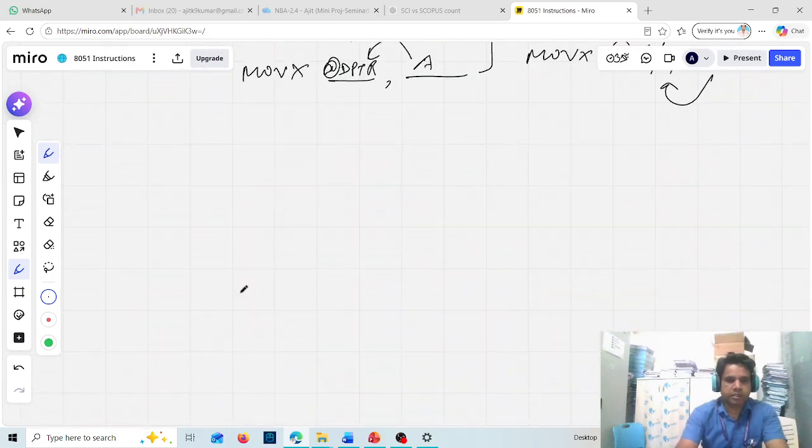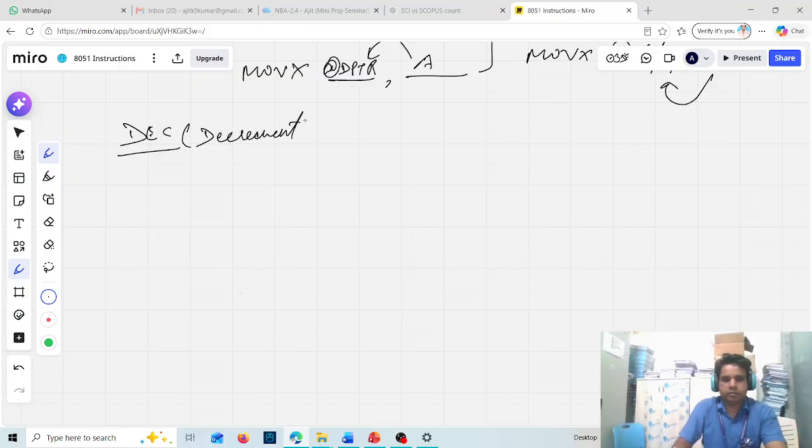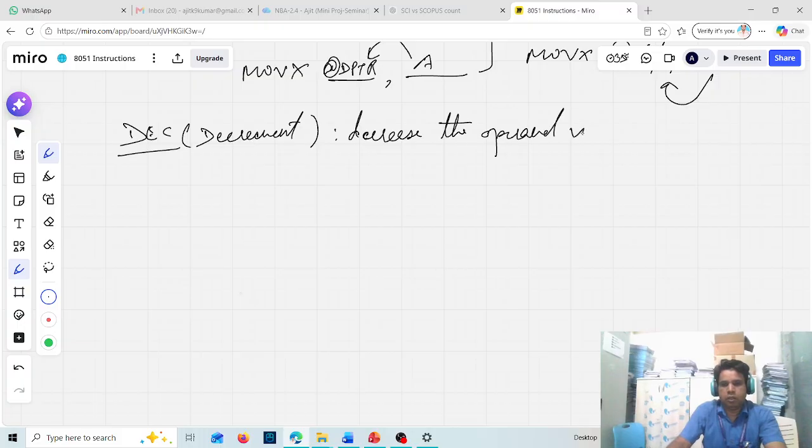The decrement instruction is quite easy. DEC, whose full form is decrement, as the name suggests, is used to decrease the operand value by 1.